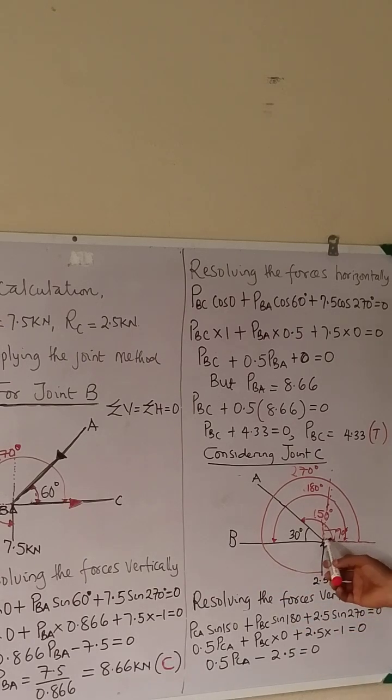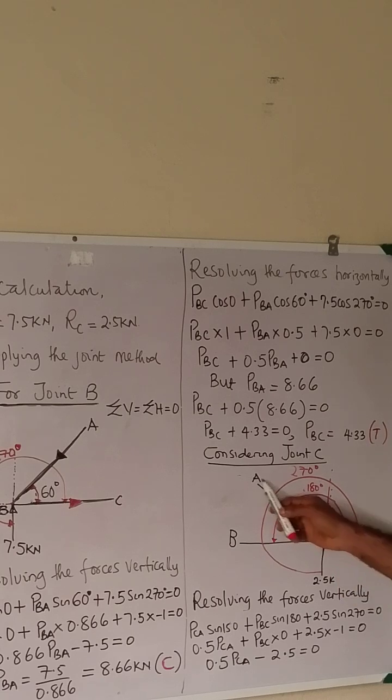But then we have this one cutting out here, and we are told that from here to here is 30 degrees. So if all of this from here to here is 180 degrees, and we've taken out 30 degrees, it means the remainder will be 150 degrees. So the angle for member CA will be 150 degrees.